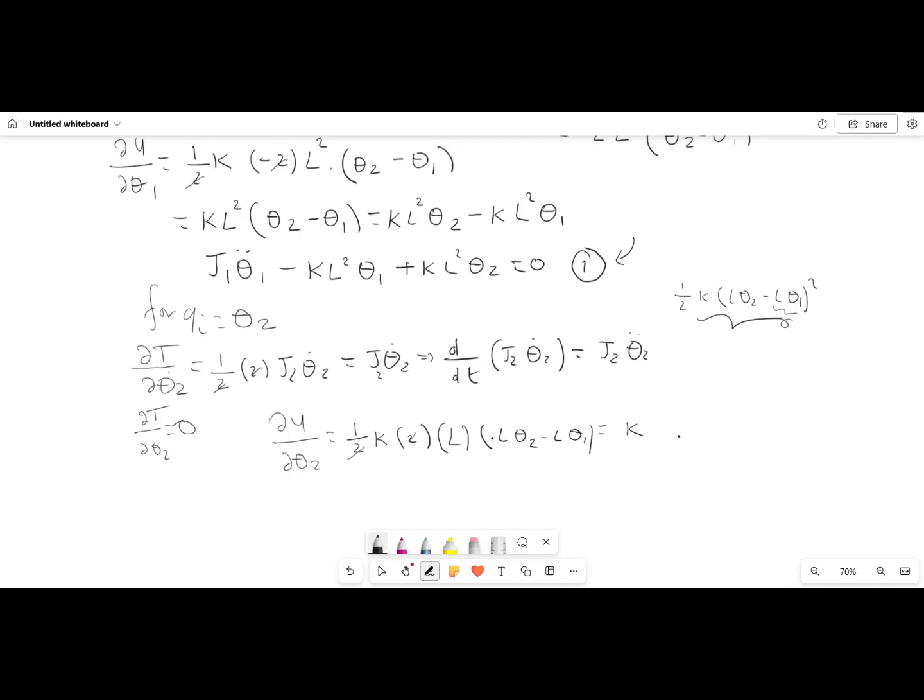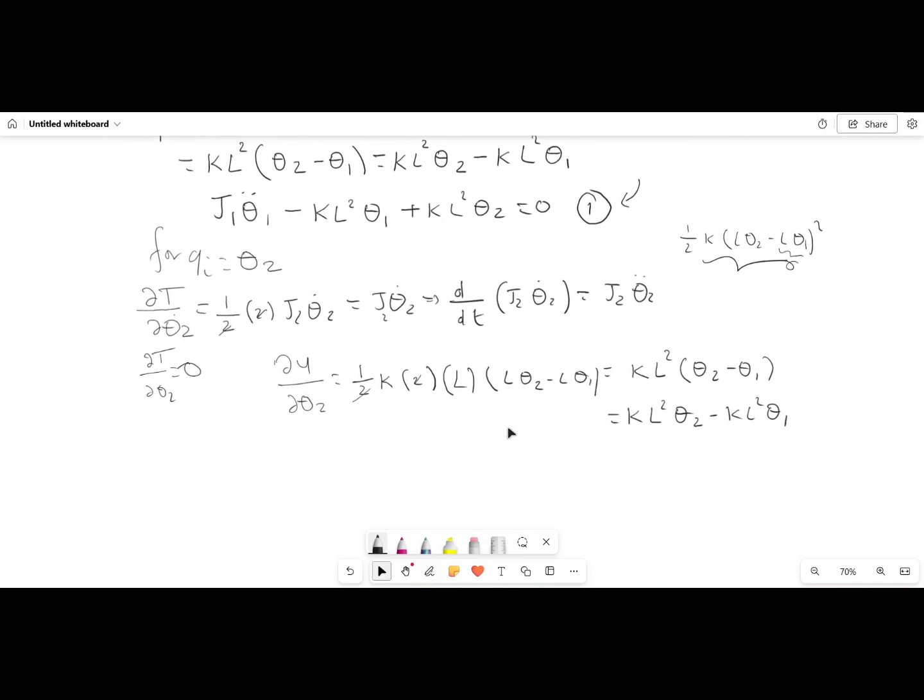If you know, I can take L outside. I'll have kL squared times theta 2 minus theta 1. Now if we expand again, we have kL squared theta 2 minus kL squared theta 1. Like I said, it is a game. It is very, very easy.